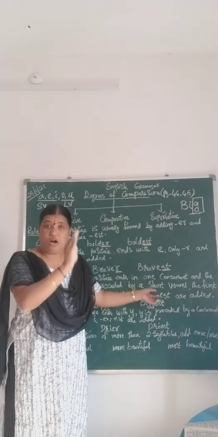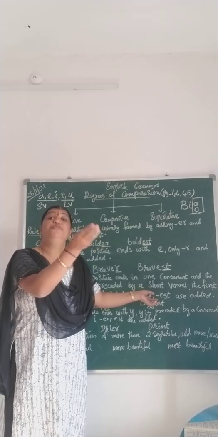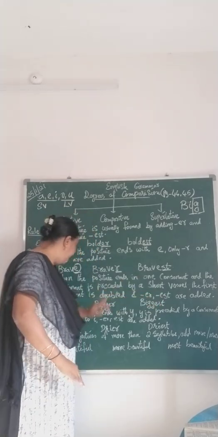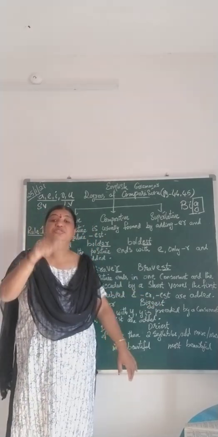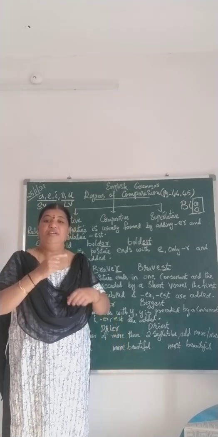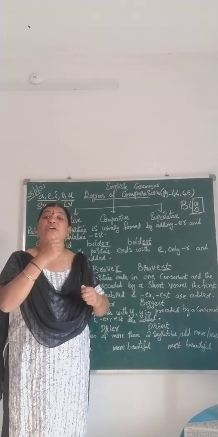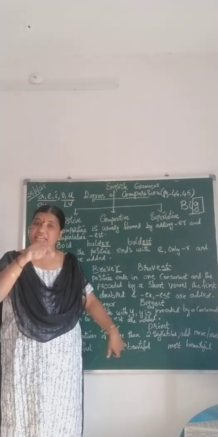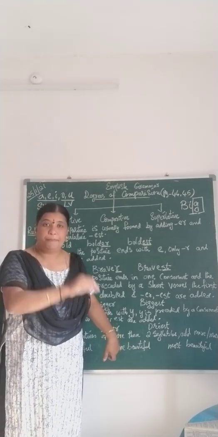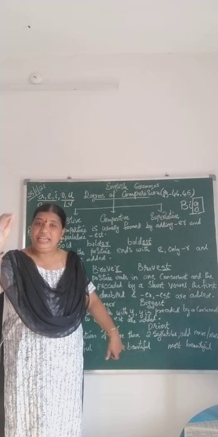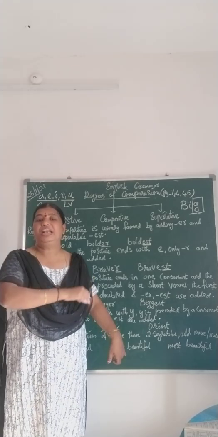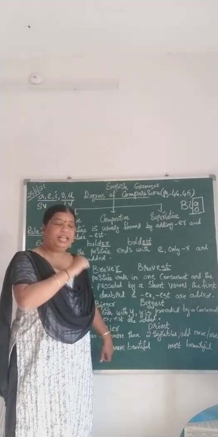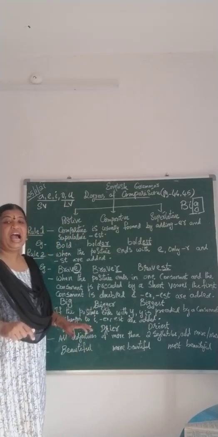So, if any consonant is present before Y, then Y changes to I, and to this you will add ER in the comparative form and EST in the superlative form. Understood? Now let's see an example.